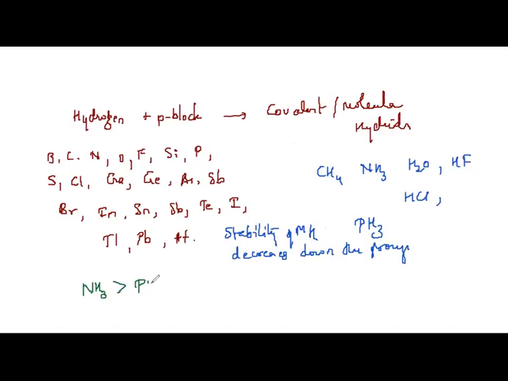Below nitrogen comes phosphorus: phosphorus hydride is more stable than arsenic hydride, arsenic hydride is more stable than strontium hydride, which is more stable than bismuth hydride. So the stability of the hydrides decreases down the group.